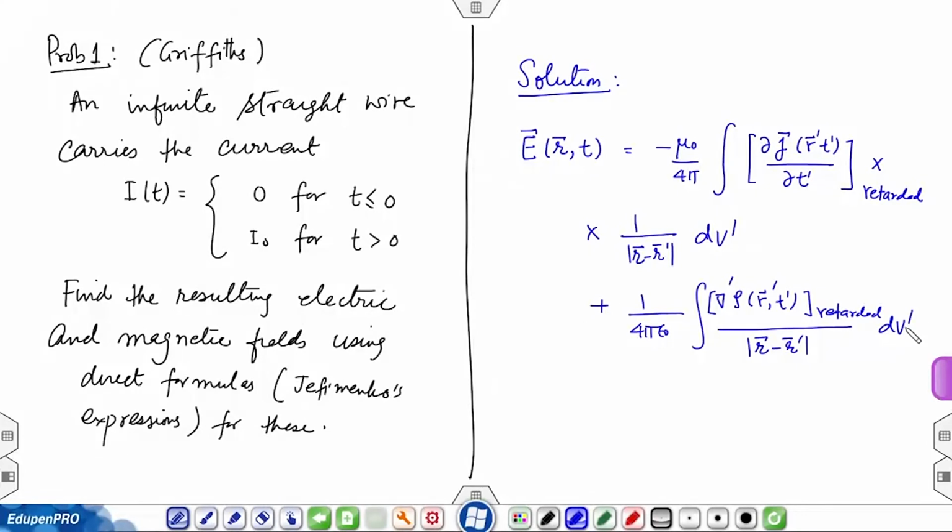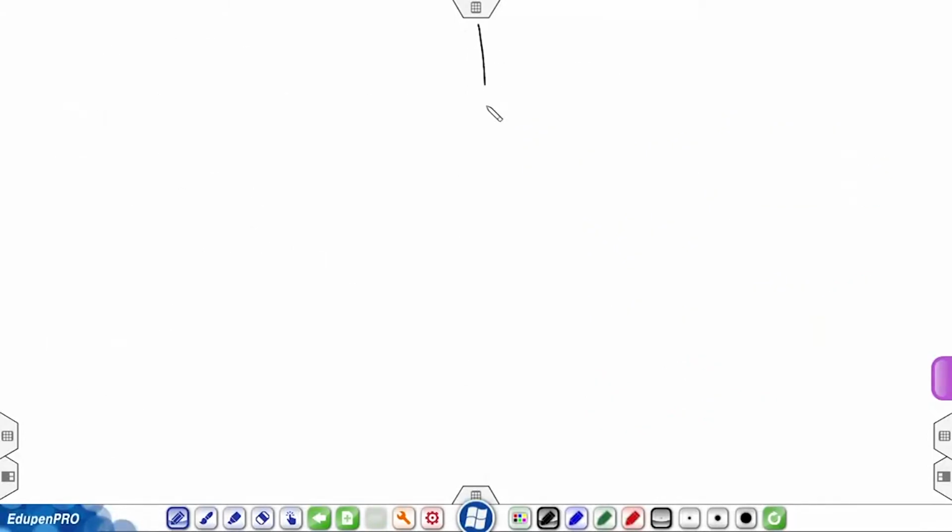So, there are 2 terms in this, and in our given problem J is not equal to 0, but rho is equal to 0. So, the second term will not contribute. We need to calculate only the first term. So, let us do that. What you are given is a straight wire along the z axis.